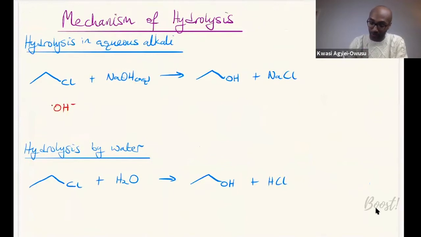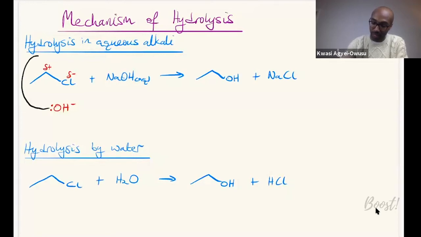And of course, you've got a lone pair on that oxygen. Now, you've got a polar carbon-chlorine bond, so you've got a delta plus on your carbon and a delta minus on the chlorine. As far as the mechanism goes, the lone pair on the hydroxide ion is going to attack the delta plus of your carbon-chlorine bond.